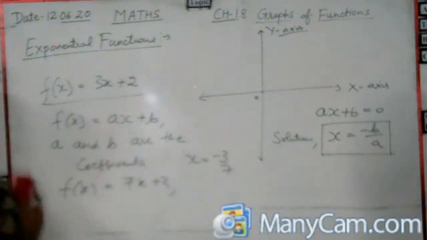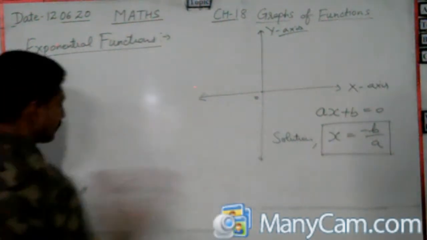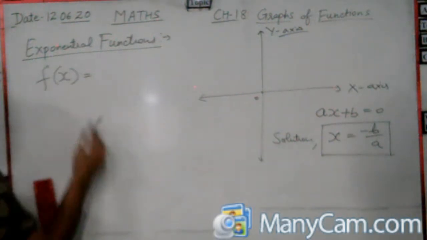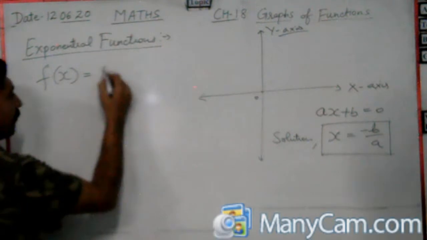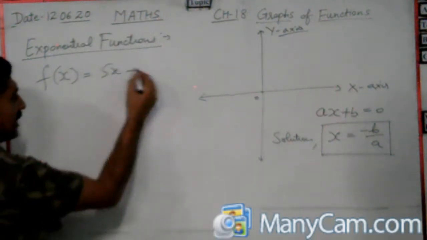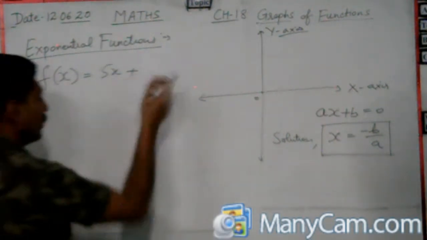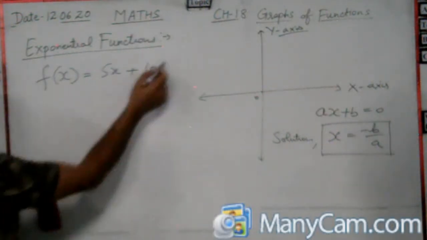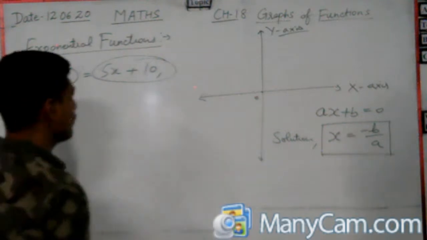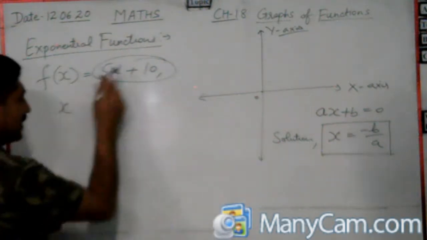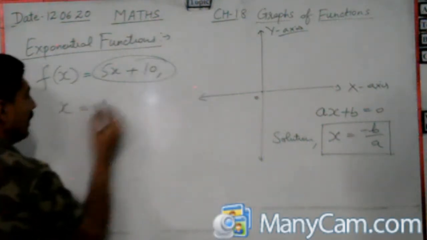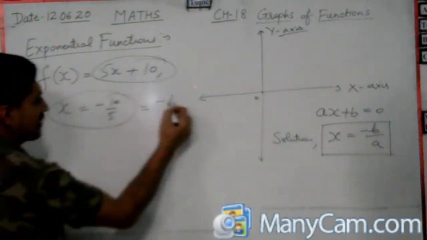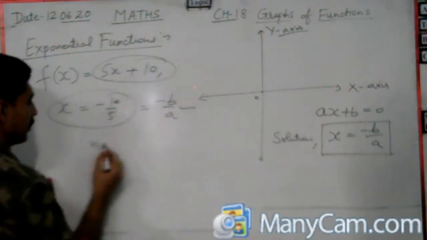Or if we have a function like f(x) is equal to 5x plus 10, then when we plot the graph of this function, minus b upon a is equal to minus 2.